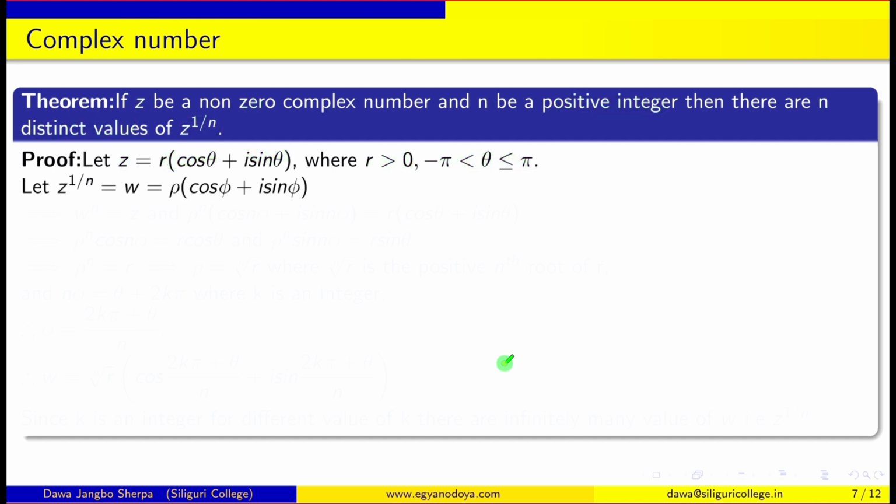Let z to the power 1 by n, the nth root of z, be equal to w, which is a complex number. Let it be rho (cos phi plus i sin phi).